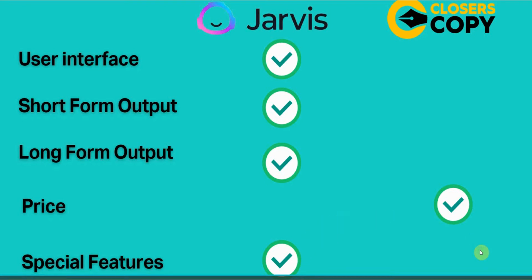So overall, who are these AIs for? All right, well, Jarvis is for those who just need the best written content that money can buy from an AI. That's the short answer. If you want the best, the clearest written document, the most humanly written AI content, then it's Jarvis.